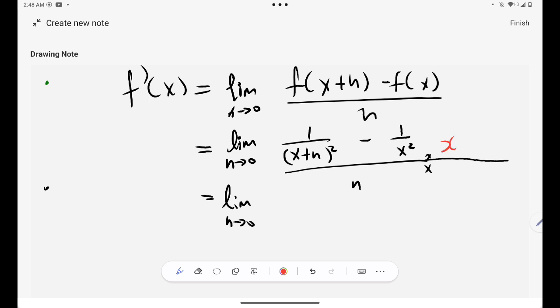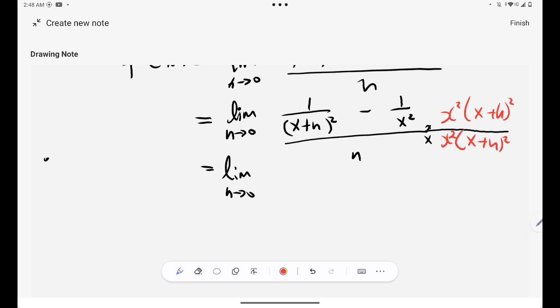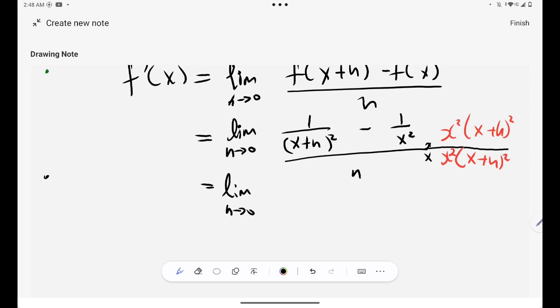So I'll have x squared and the bracket (x plus h) squared. Whenever I multiply the first term by the LCD, I will be left with x squared.